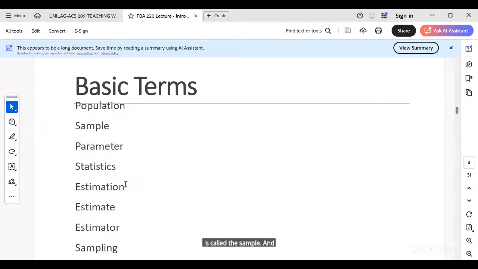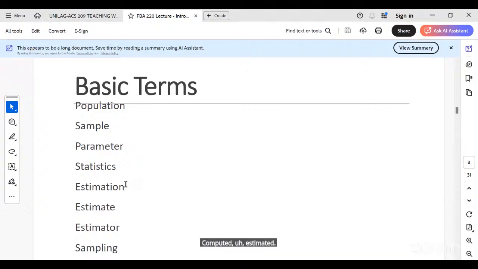If there's any computation, any value that represents the entire unit in that population, then that value would be your parameter. On the other hand, if you have a value that represents the unit in your sample, then you have what we call your statistic.